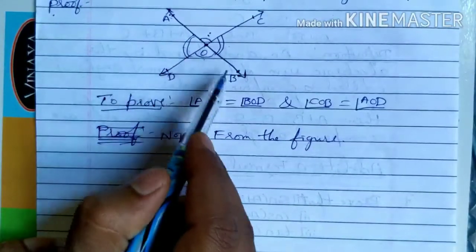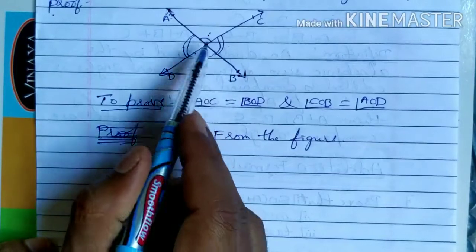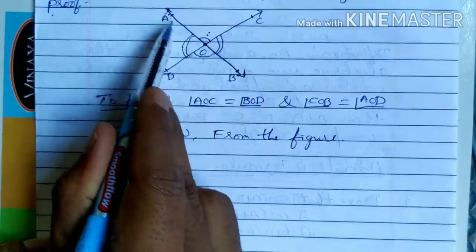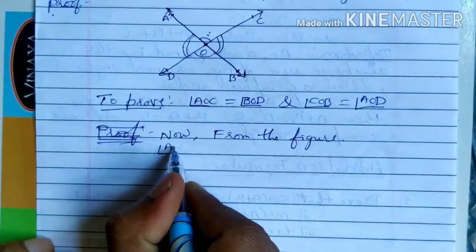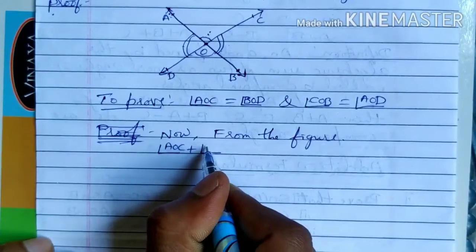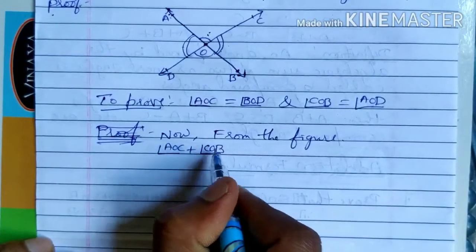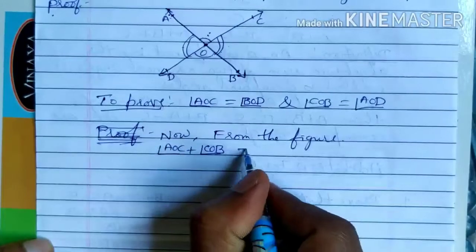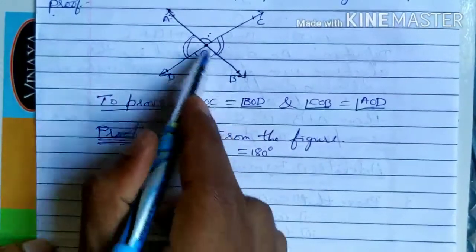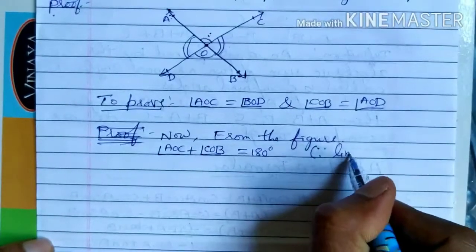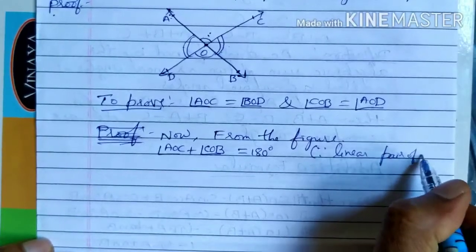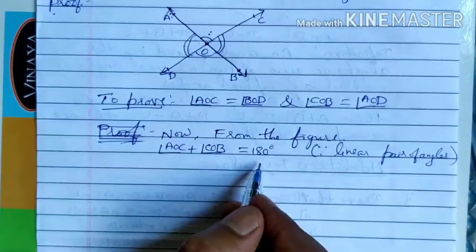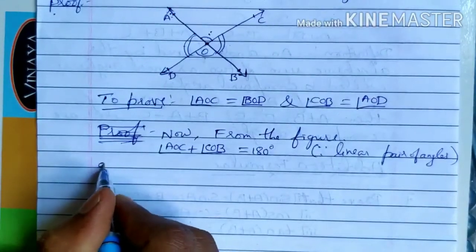What we can say is, AB is a straight line, so I can consider linear pair angles, these two adjacent angles. So angle AOC plus angle COB is equal to 180 degrees because linear pair of angles will be equal to 180 degrees.